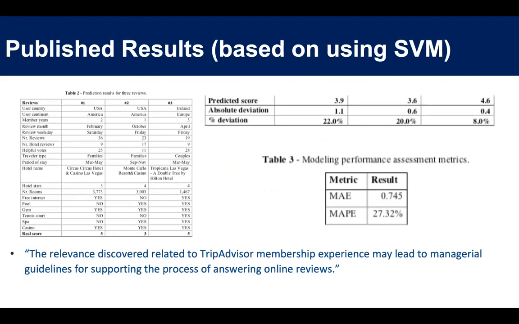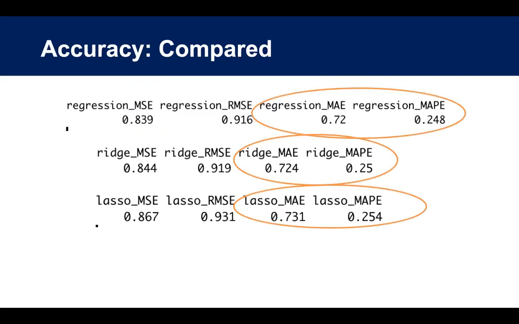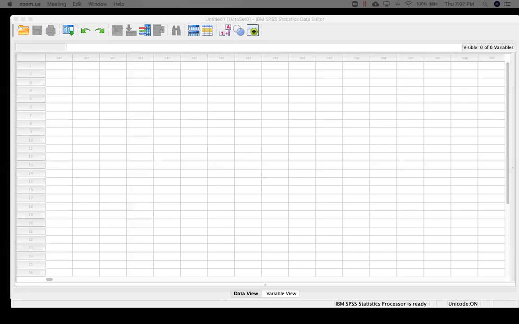So on average, in absolute value, the author was off by 0.745. And in terms of mean absolute percentage error, on average, the prediction was off by 27.32%. And if you look at my results here, they're in fact pretty similar. So regularization didn't give me a huge bump in terms of accuracy, but it was still an interesting exercise to compare the regression results to the regularization result.